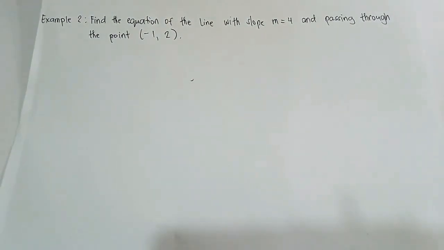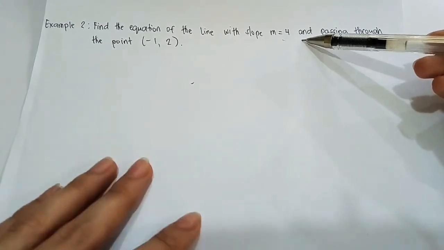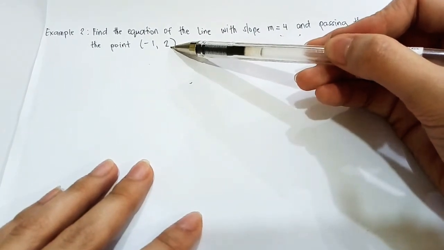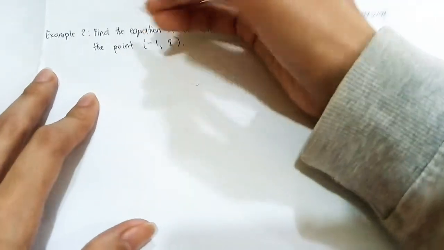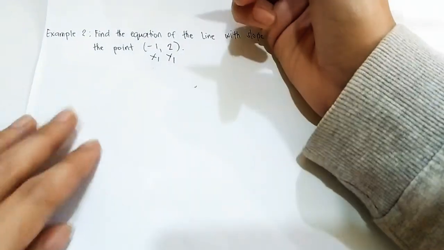Example 2. Find the equation of the line with slope m, which is equal to 4, and a point (-1, 2). So here in our given point, this is x sub 1 and y sub 1.